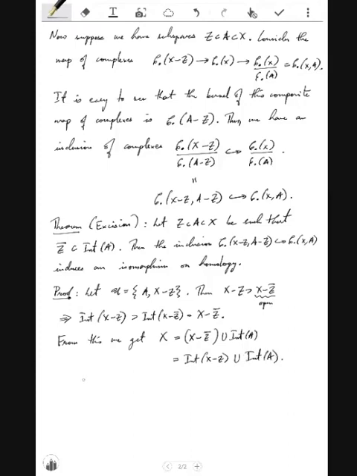So in this situation, we had seen that the subcomplex corresponding to this collection U induces an isomorphism on homology.